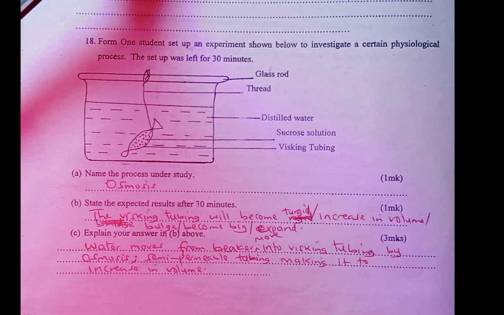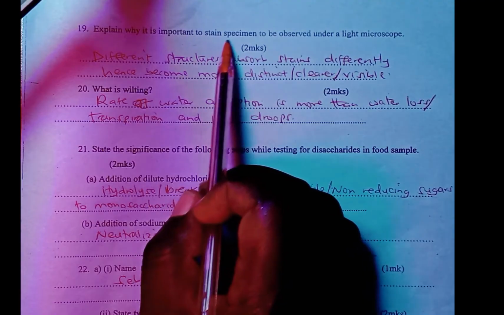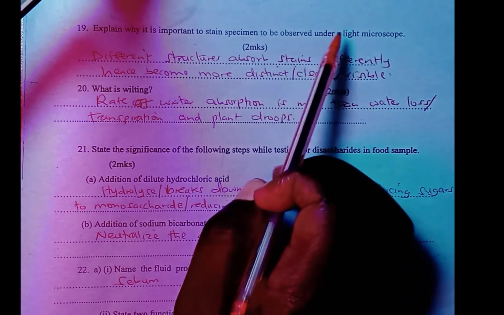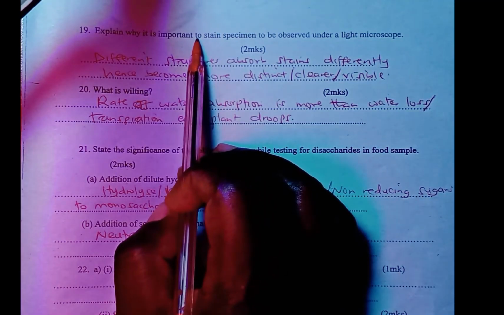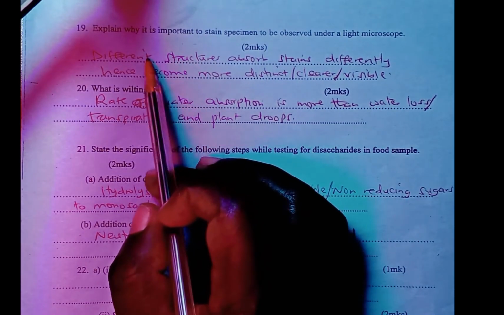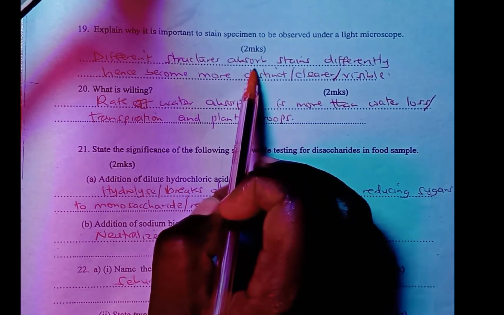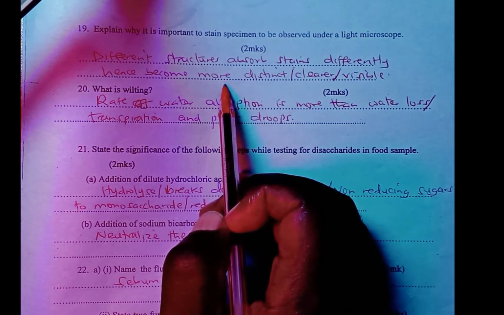We continue. Number 19, explain why it is important to stain specimen to be observed under a light microscope. The reason why we stain it is to make the features clearer or more distinct, because different structures absorb stains differently, hence become more distinct.